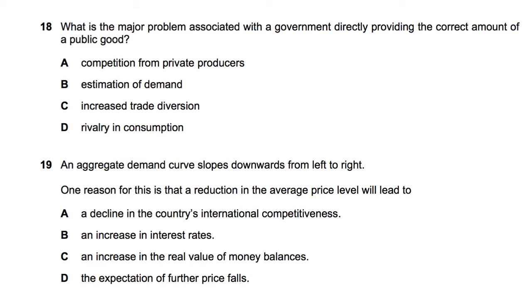In number 18, it says, what is the major problem associated with the government directly providing the correct amount of a public good? And the answer is B. The reason is simply because public goods are non-rival and non-excludable, which means people are not willing to pay for the goods, which means that if there is no willingness to pay, then there is definitely no demand for these goods.